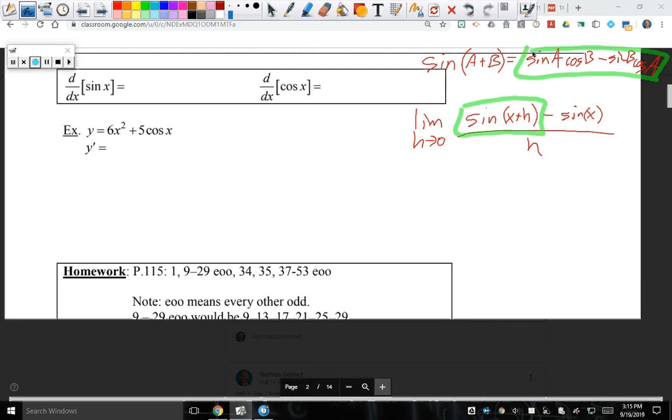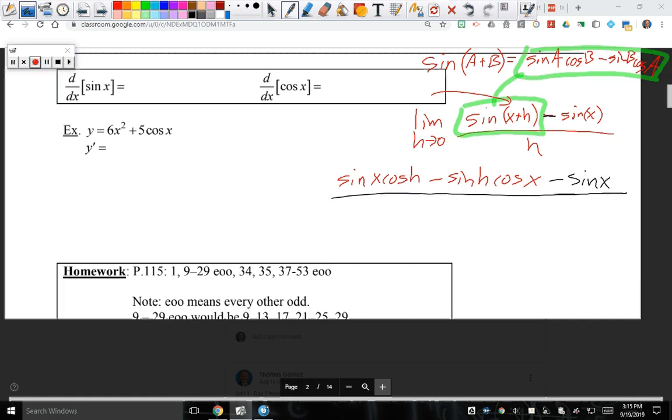Okay. Oh, it's been a while since we've done this identity. So this right here would look like sine of x cosine of h, because that's what you're doing as far as the x plus h, minus sine of what? h cosine of x. You're still subtracting sine of x. It's still all over h, and it's still approaching 0.